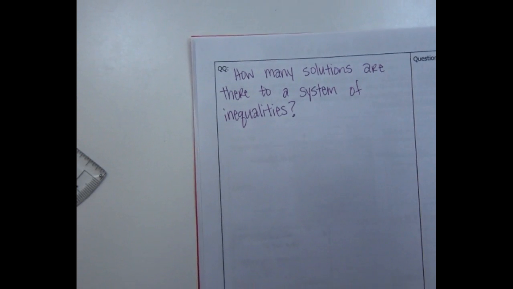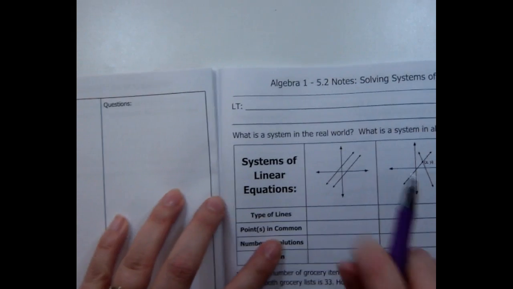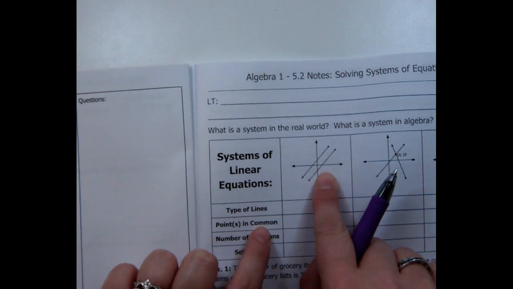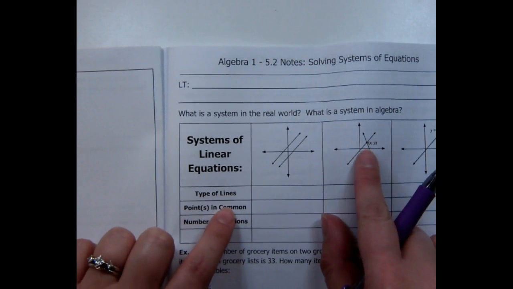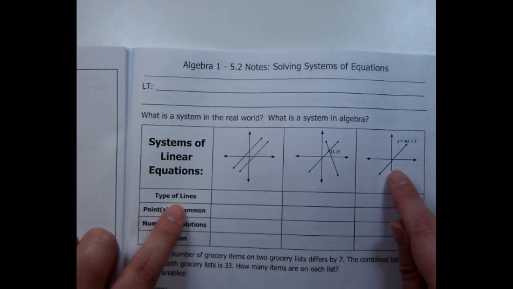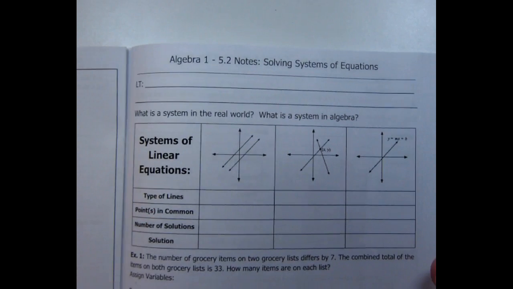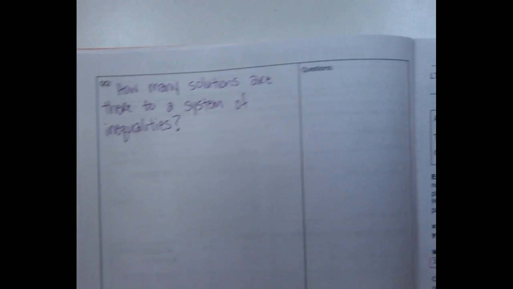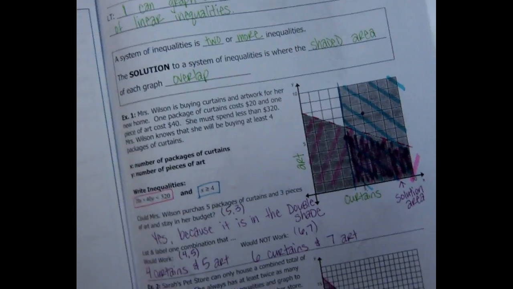Last time we did a system of equations, and we talked about how they could never intersect, no solution. They could intersect one time and have one solution, or they could be the same line and have infinitely many solutions. So how many solutions does one of these have?